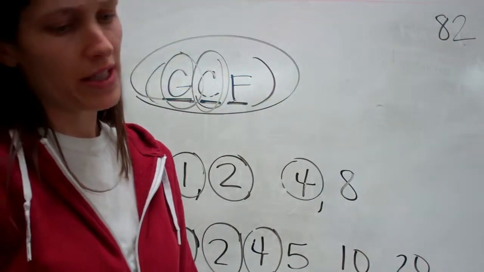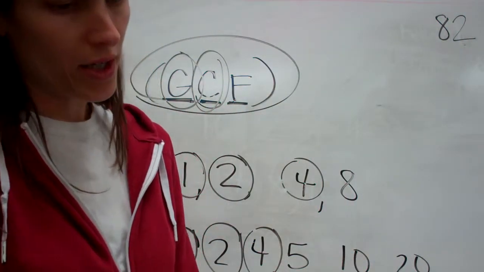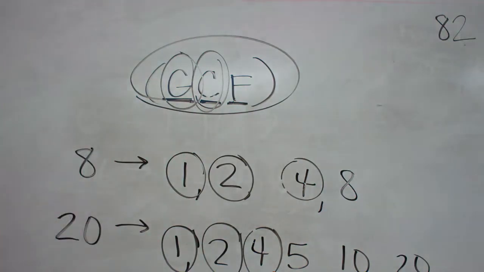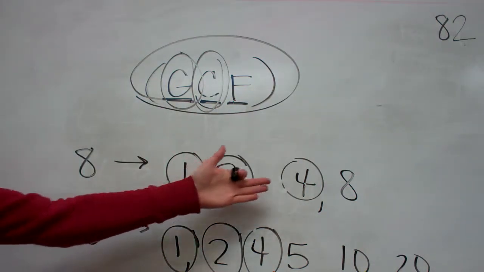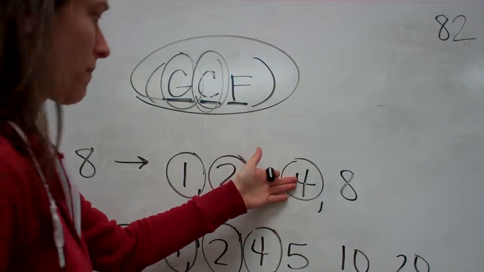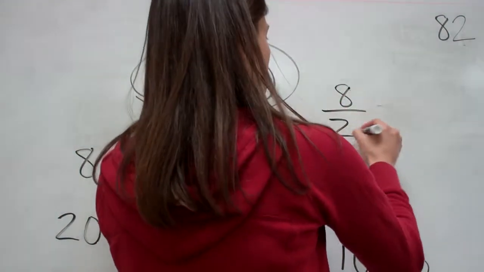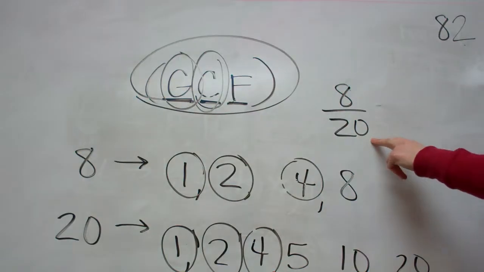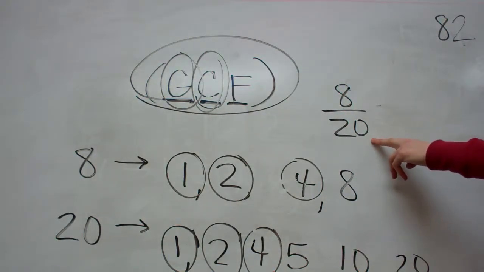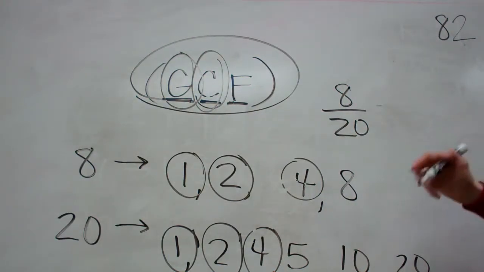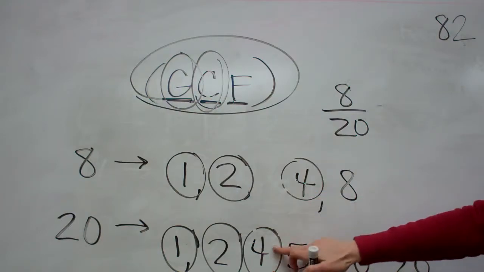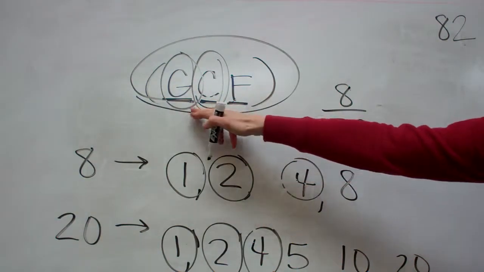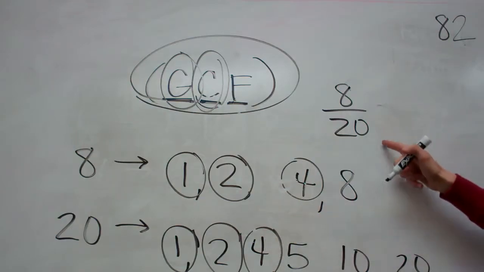Now, it said use the greatest common factor of 8 and 20 to reduce 8/20ths. They're basically saying let's use this highest number to reduce this. Y'all remember reducing? We just did it last lesson. They're telling me to use the greatest common factor to reduce this.